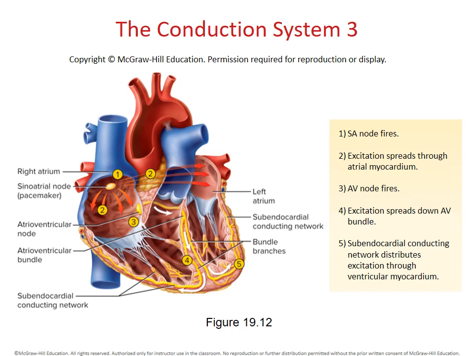The AV node sits at the bottom end of the right atrium, very near the interatrial septum. And from there, the excitement will spread down the interventricular septum through the AV bundle, or the bundle of His. When it reaches the apex, we can see that we have 2 white arrows drawn, one to either side, and that's because it will then encounter number 5, which is called the subendocardial conducting network.